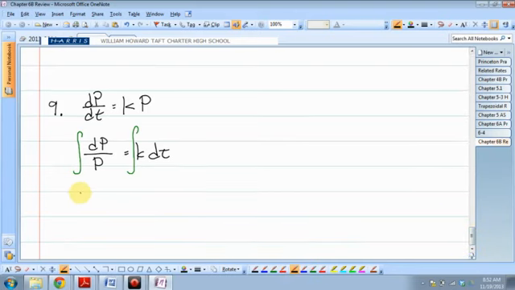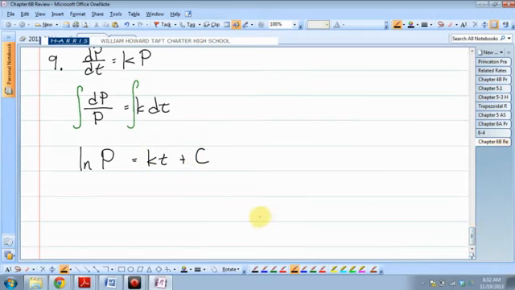You get the natural log of P, which is always positive so we don't need the absolute values, equal to kt plus a constant, or population is equal to A e to the kt, which is the exponential growth equation.